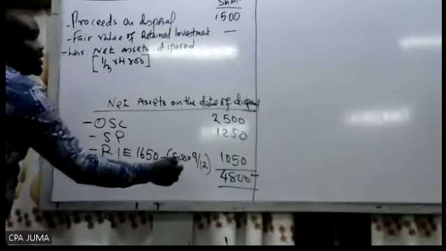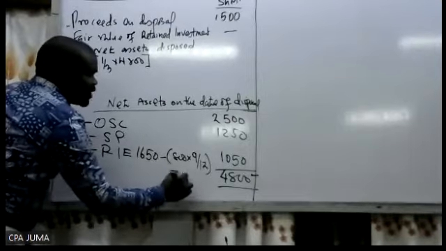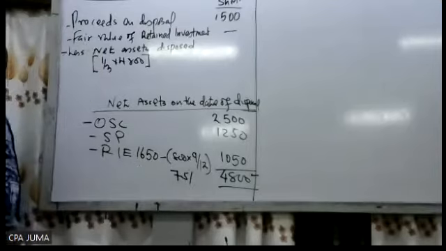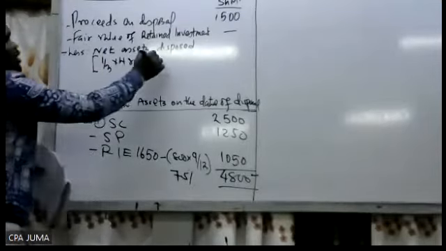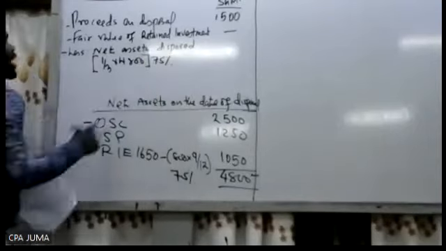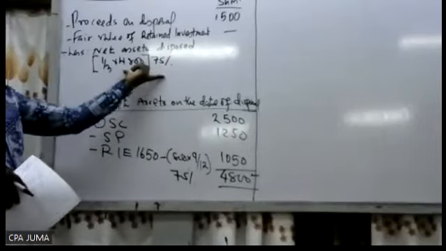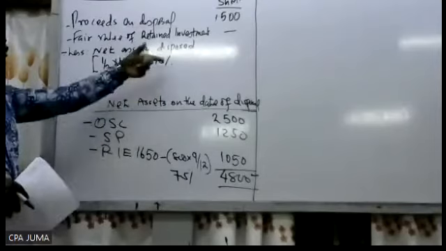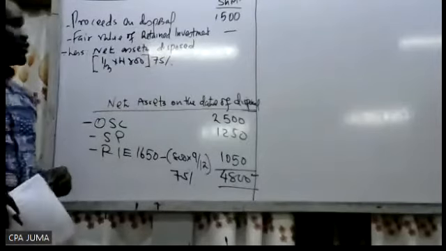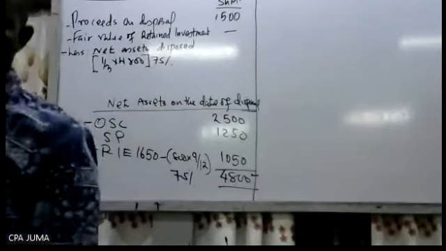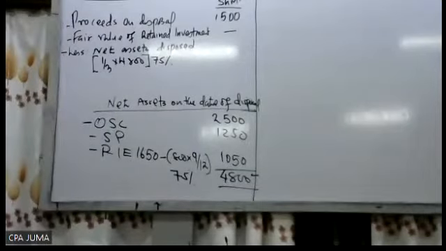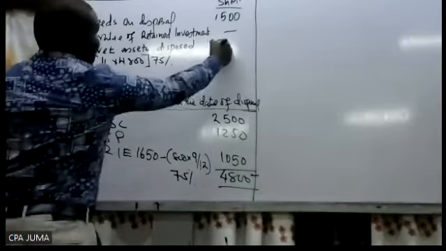So of these net assets, before disposal, the parent was entitled to what percentage? 75. They never acquired 100%. So they disposed a third of the 75%. So what you get is subjected to 75. Yes, 1200. So subtract here 12.